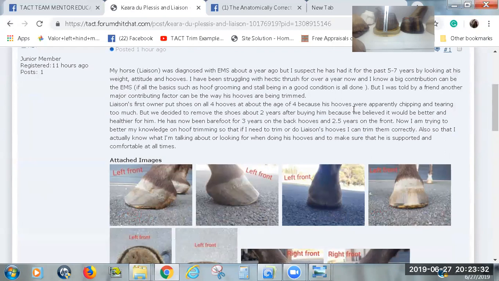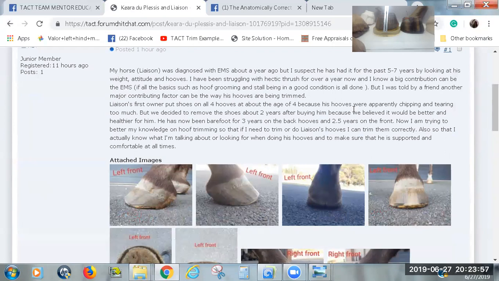Liaison's first owner put shoes on all 4 hooves at about the age of 4 because his hooves were apparently chipping and tearing too much. We decided to remove the shoes about 2 years after buying him because we believed it would be better and healthier for him. He has now been barefoot 3 years on the back hooves and 2.5 years on the front.